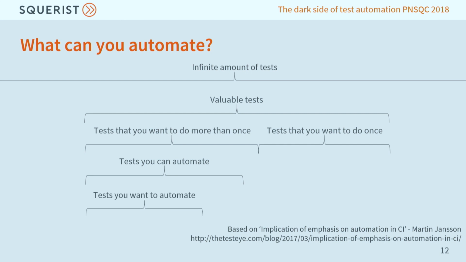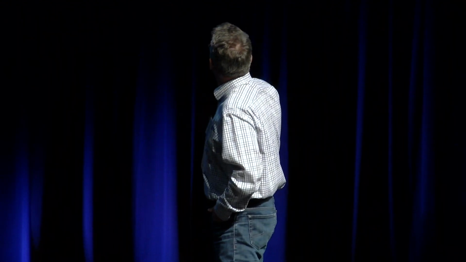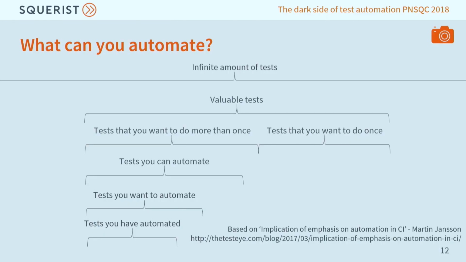Next one: sometimes you don't want to automate things, simply because you want a regression test set that's fast. A small regression set that won't take two hours, but half an hour. And then you have the tests you have actually automated.